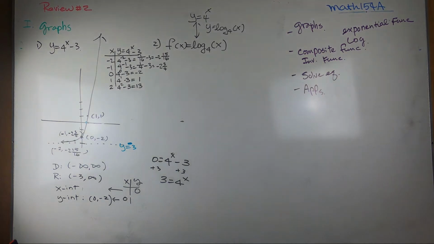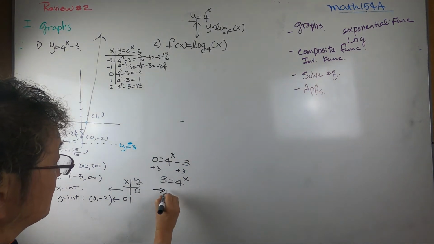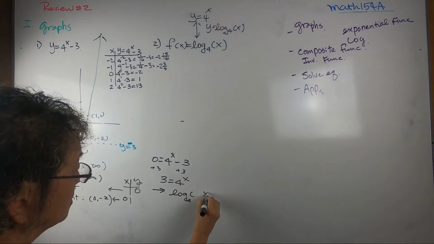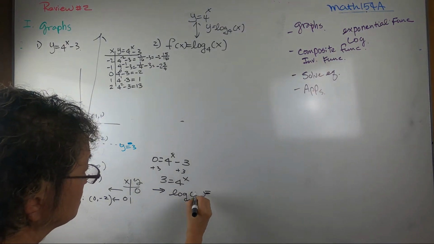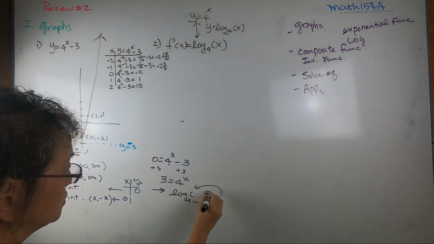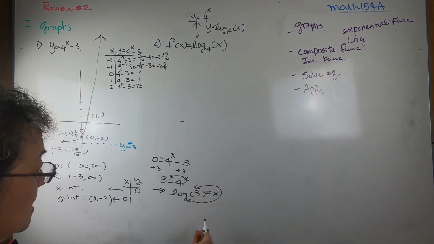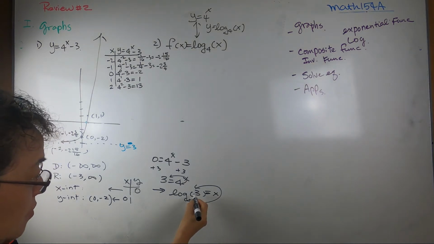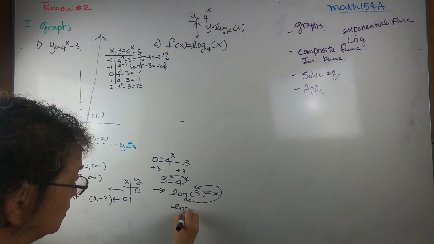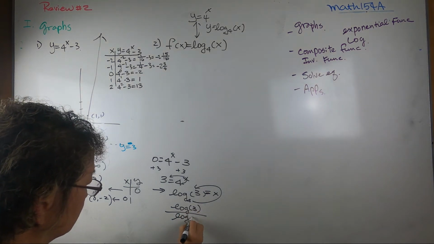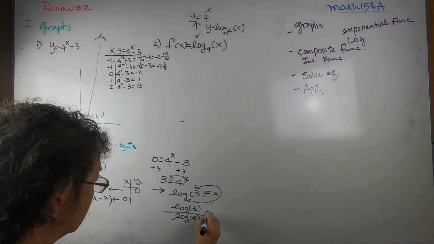Exponential equations. But we cannot change to the same base. What do we need to do? We said we have to rewrite it as a log, right? What's in the middle? What's outside? So 4 to the x power equals 3. So x is log 4 of 3. Then you need to use the change of base formula like this, right?